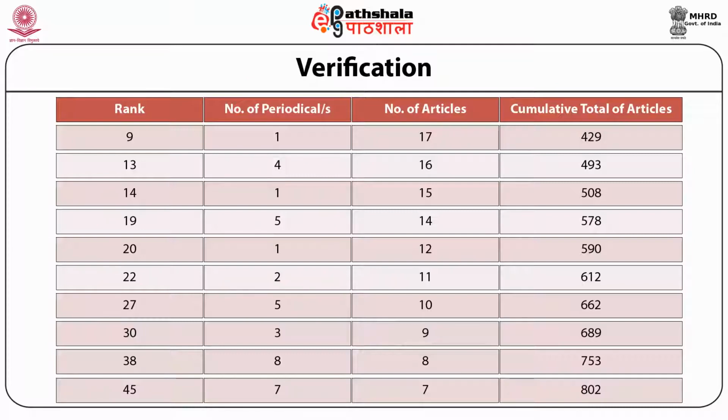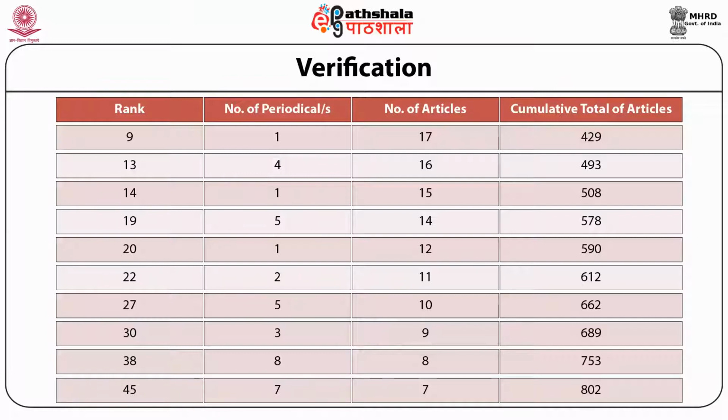Here we find the 9 to 13 position of the table. In table number 1, we got only 9th and thereafter 13th position. Here we have split it into all the ranks, 9, 10, 11, 12 and 13. You find that in each case there is only 1 periodical and the number of articles is 17 in the 9th rank, but in the rest of the cases it is 16.